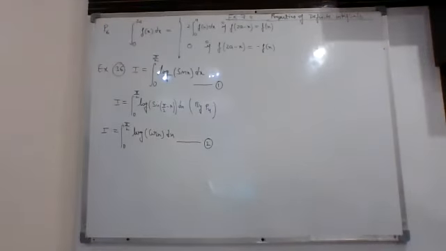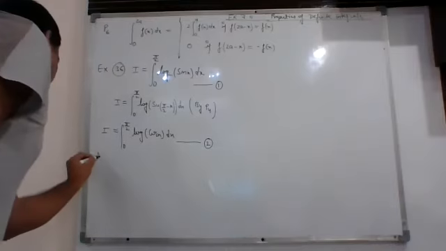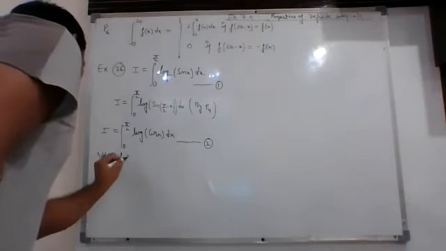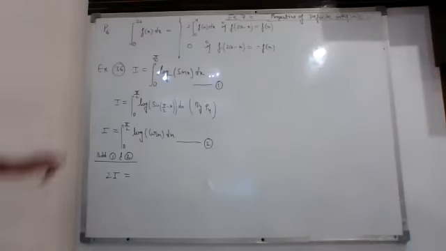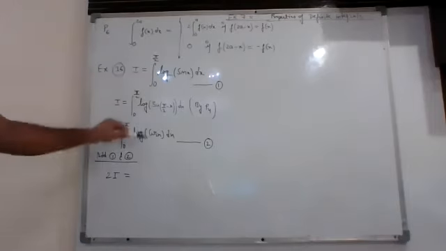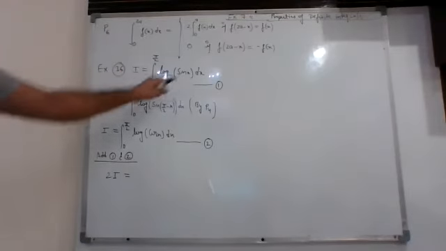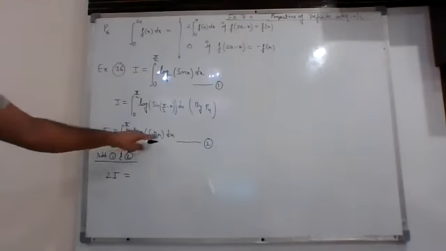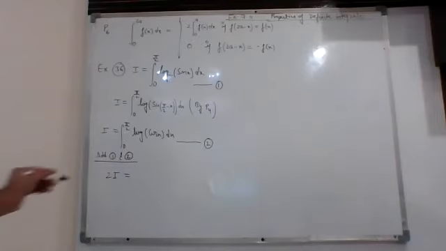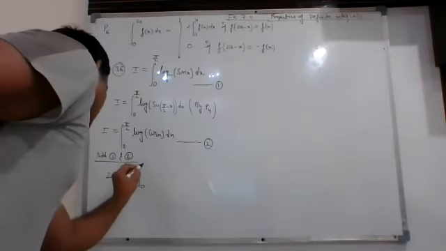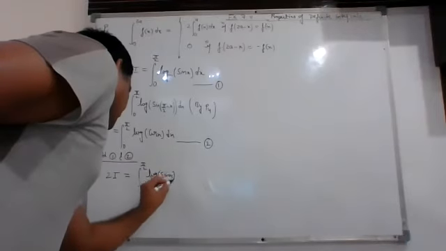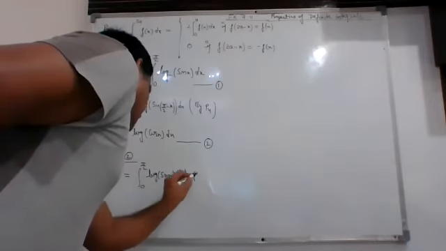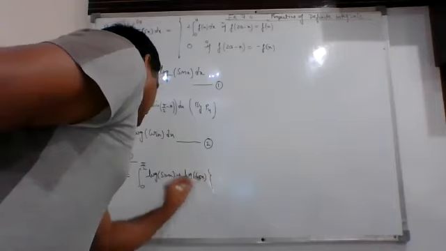Now let us add 1 and 2. When you add 1 and 2, you will get 2 times I, because I plus I will be 2 times I. And on this side, you will get the integral from 0 to 90 of log sin x plus log cos x.